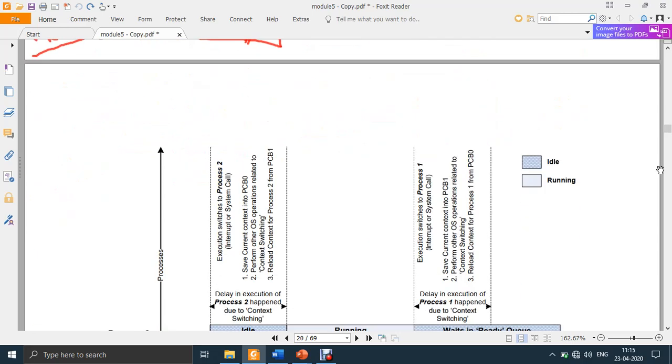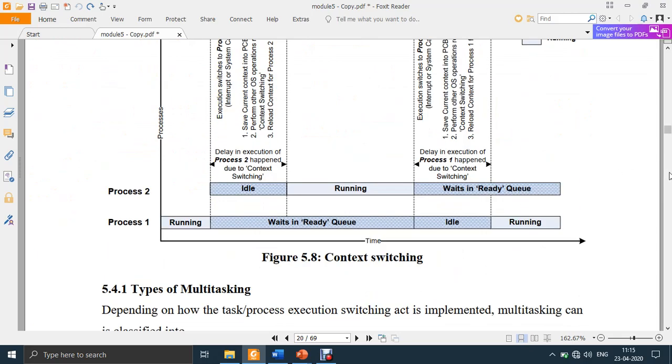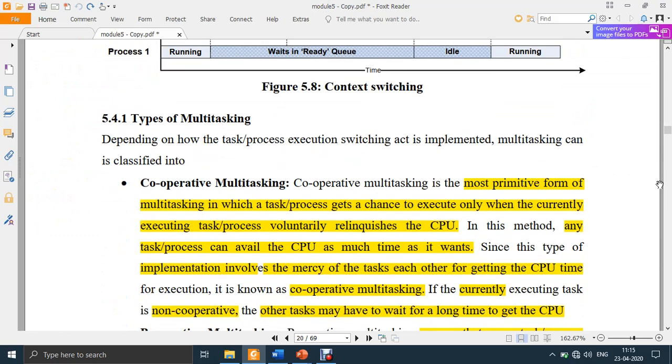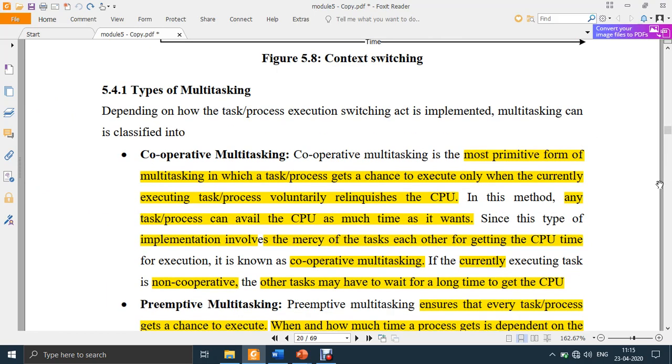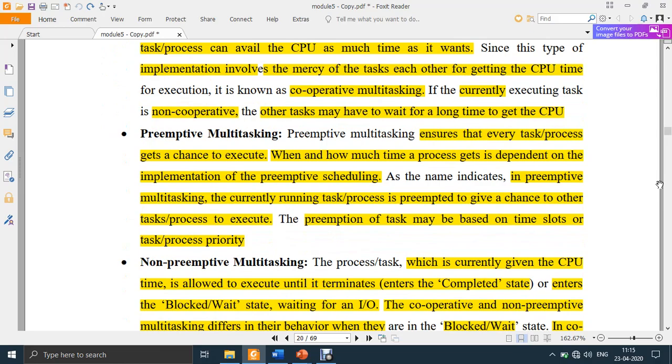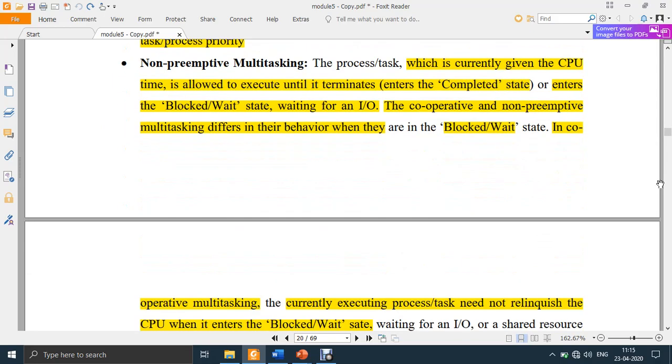So this we discussed, and when this will happen, how this will happen, what is the meaning of context switching, what is the meaning of context retrieval, what is the meaning of context save. Then we discussed types of multitasking: cooperative, preemptive, and non-preemptive.